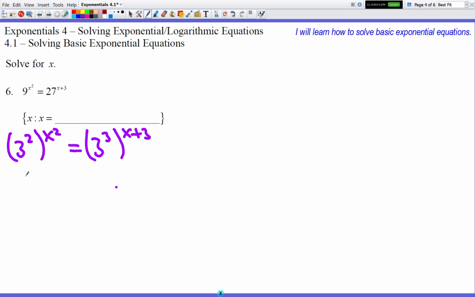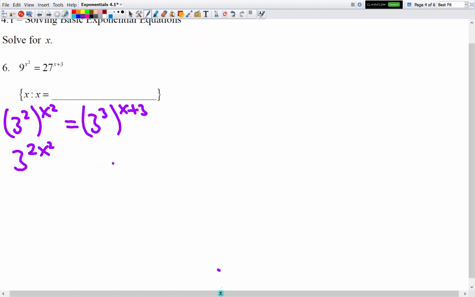Just like in problem 5, we've got to combine our powers, so we're going to get 3 to the 2x squared power on the left side, and on the right side we're going to get 3 to the 3x plus 9 power. Now our bases match, so we can use logs to make the base 3's disappear. And when the base 3's disappear, we get 2x squared equals 3x plus 9.